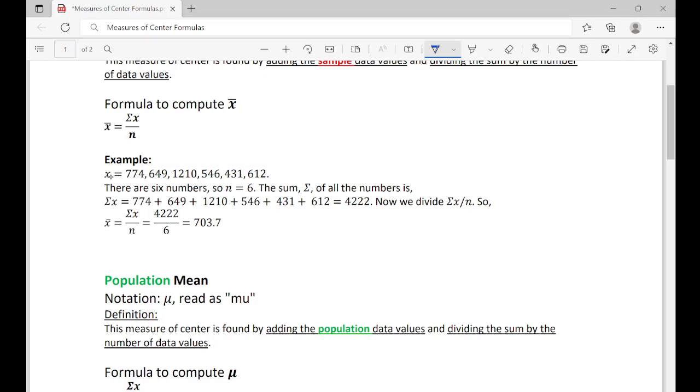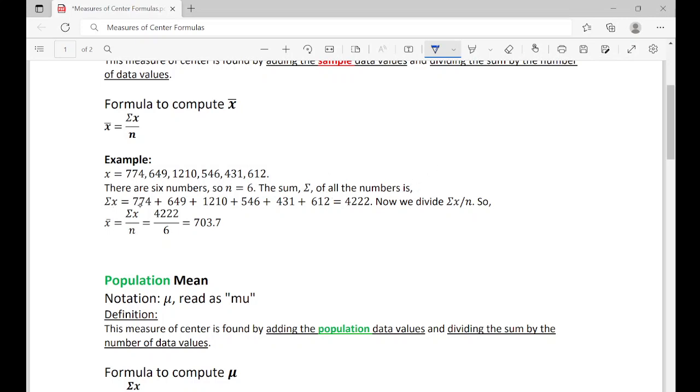So let's say we're given X equals 774, 649, 1210, 546, 431, and 612, and we're going to find the mean. Well, first we can tell that there are 6 numbers, 1, 2, 3, 4, 5, 6, so n equals 6. And now we need to find the sum. That's what the sigma means, sum of all the numbers. So what is the sum of all the numbers?